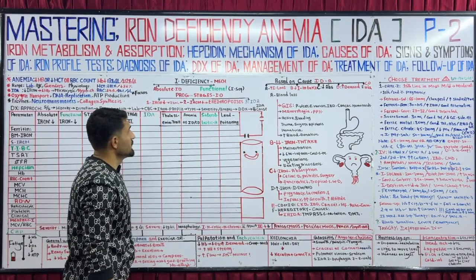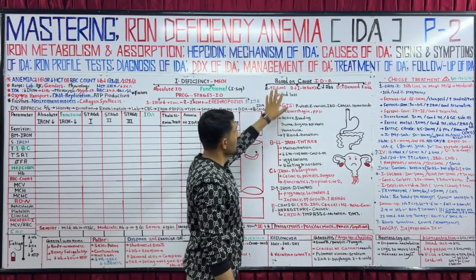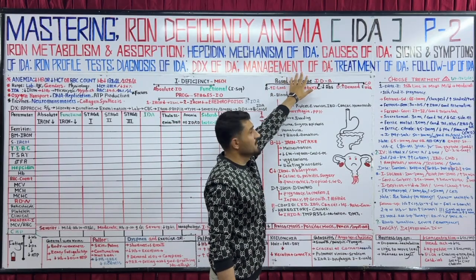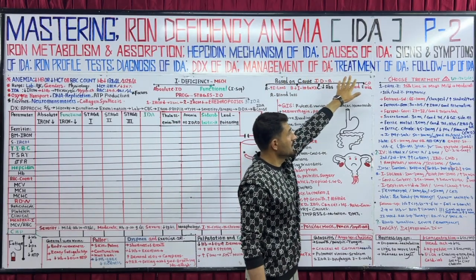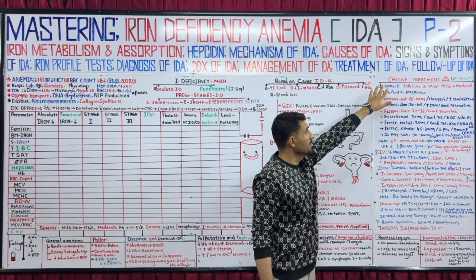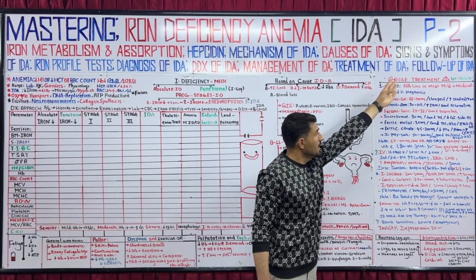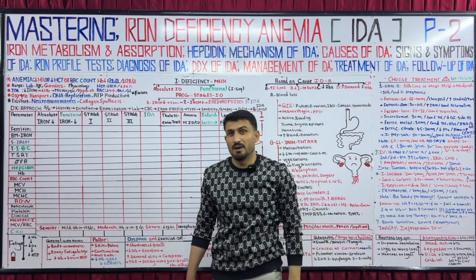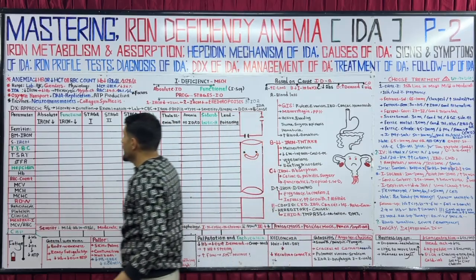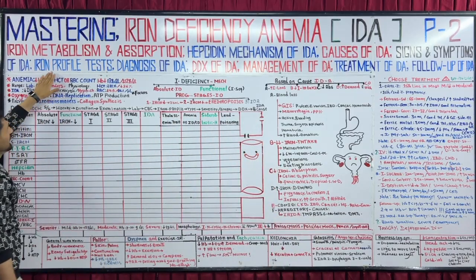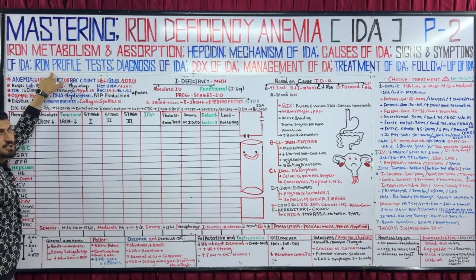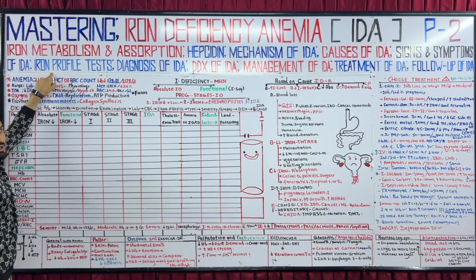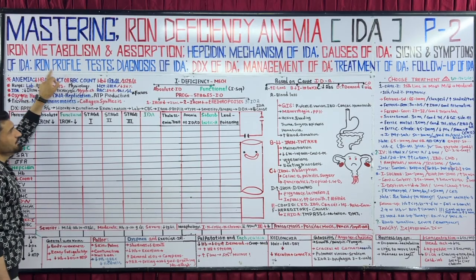So in today's lecture, we're gonna talk about pathophysiology of iron deficiency anemia. Then we're going to talk about causes of iron deficiency anemia. Then we'll talk about signs and symptoms of iron deficiency anemia. Then we talked about iron profile test in previous lecture, but we'll talk about it a bit today also.